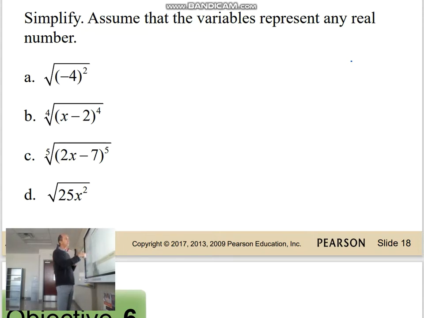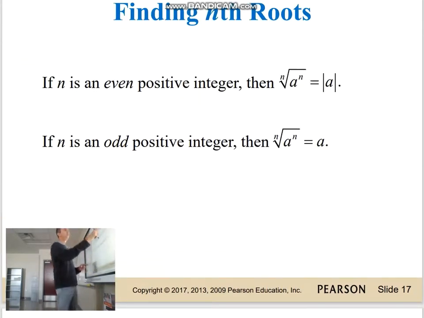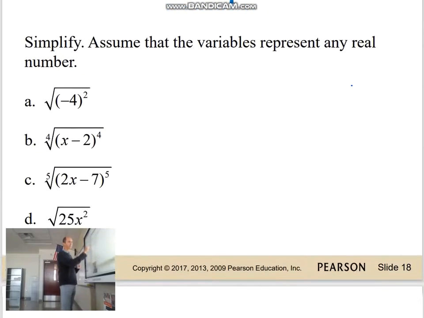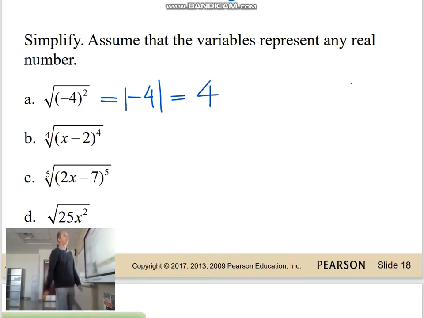Letter A is a square root, right? So if it's a square root, you're going to apply the first rule. If you have this situation, it's going to be the absolute value of a. Square root of -4 squared is going to be the absolute value of -4, which equals 4.